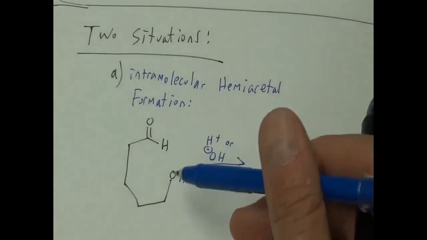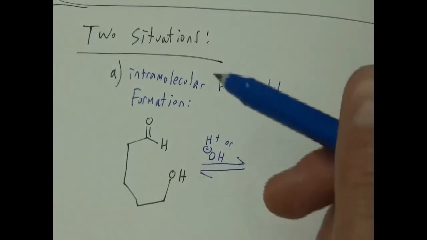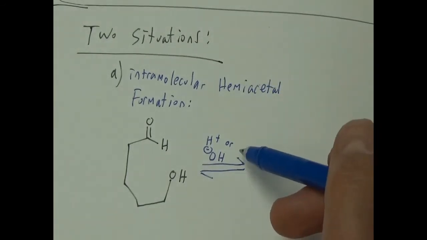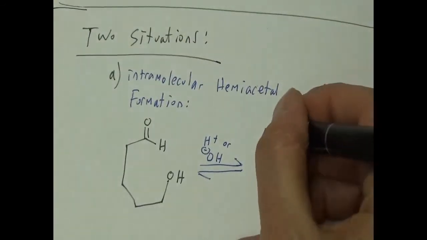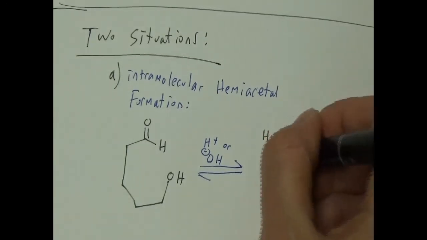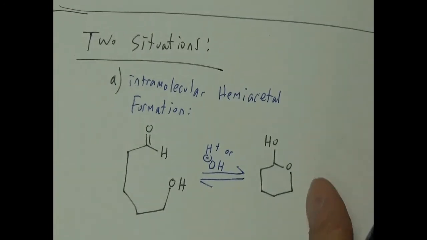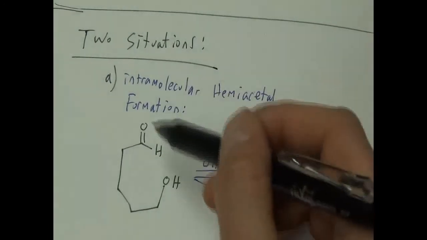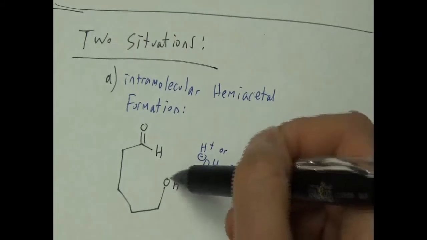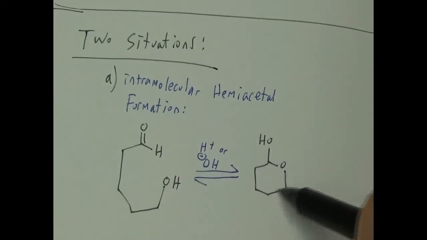This will always only go to the hemiacetal, which is something like this, a closed system. So it's 1, 2, 3, 4, 5, 6.